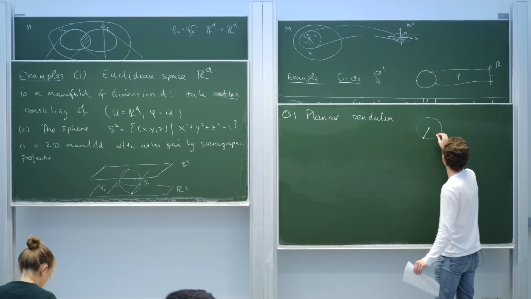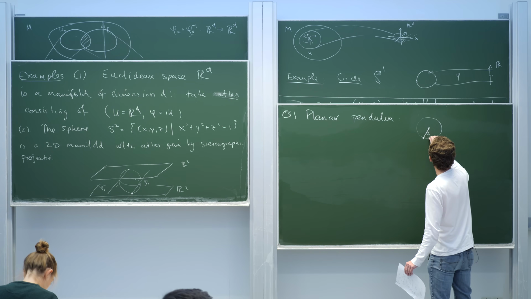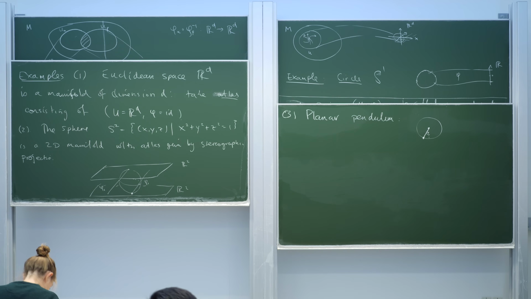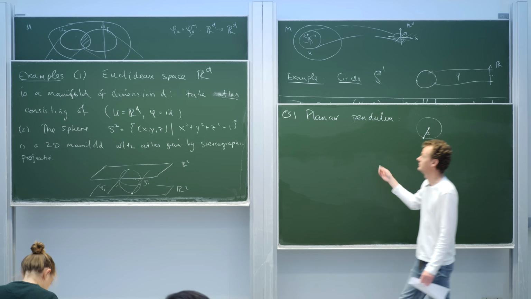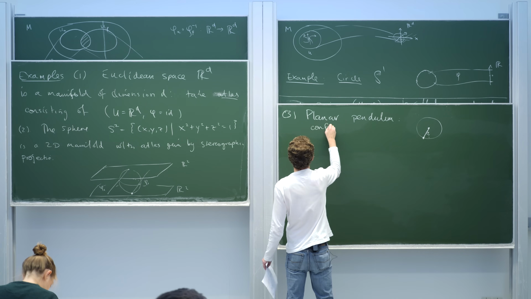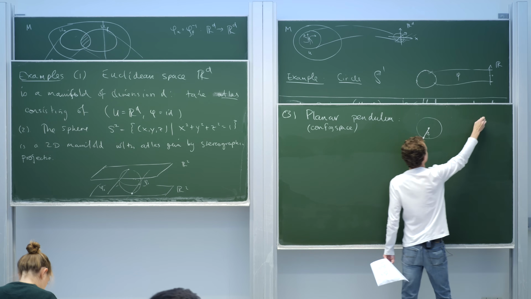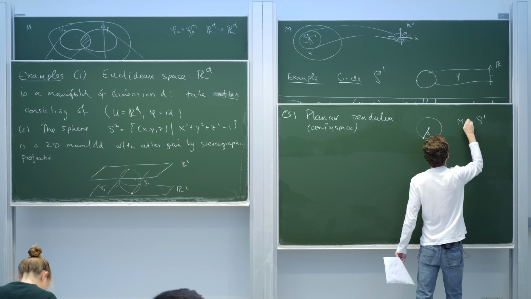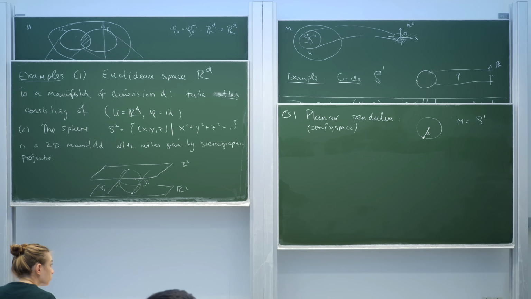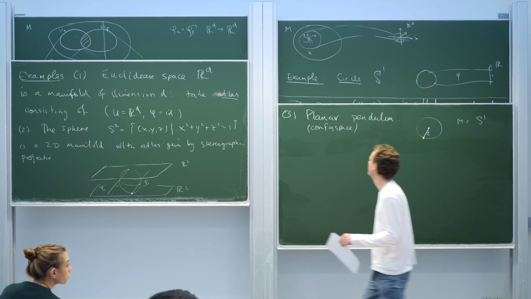All the conditions that you like. The configuration space of a planar pendulum is a manifold. And the manifold, of course, is just S1. That wasn't too hard.